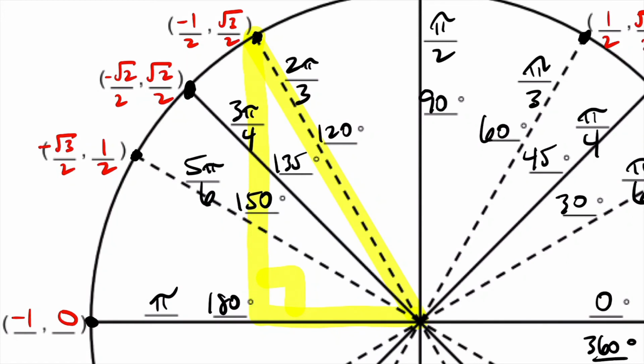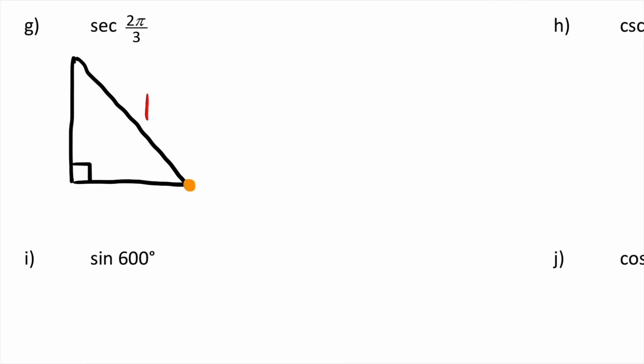What is the reference angle here? So it goes from what degree to what degree? 120 to 180. So 120 to 180, the difference there is 60. So that means this guy is going to be 60. This guy is going to be 30. Okay, let me go label that.